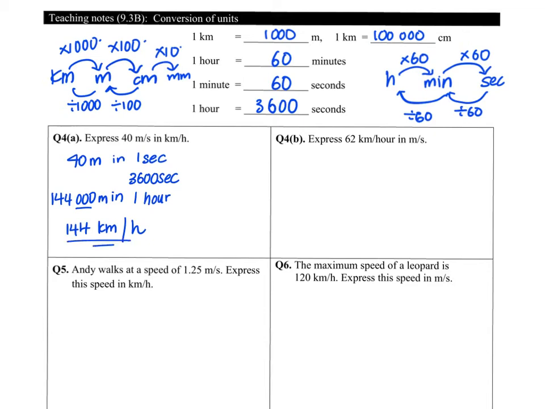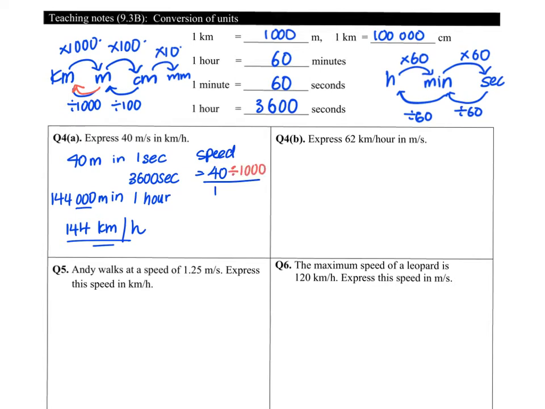Okay, or you can do method number 2. I know that the speed is given by 40 meters per second, 1 second. So what I need to do is to change meters to kilometers. To change meter to kilometer, I divide by 1,000.